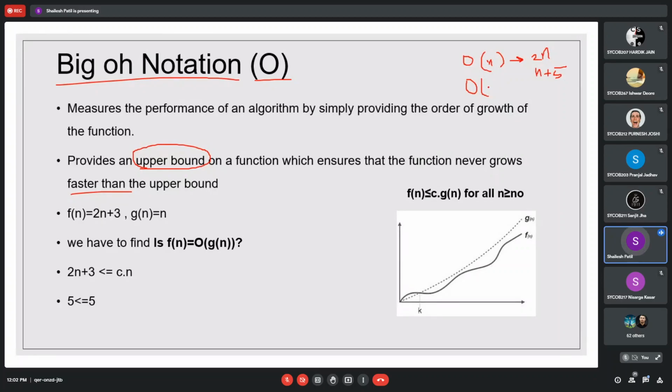What it means is, your bubble sort will get the input. Suppose I consider n as 10.